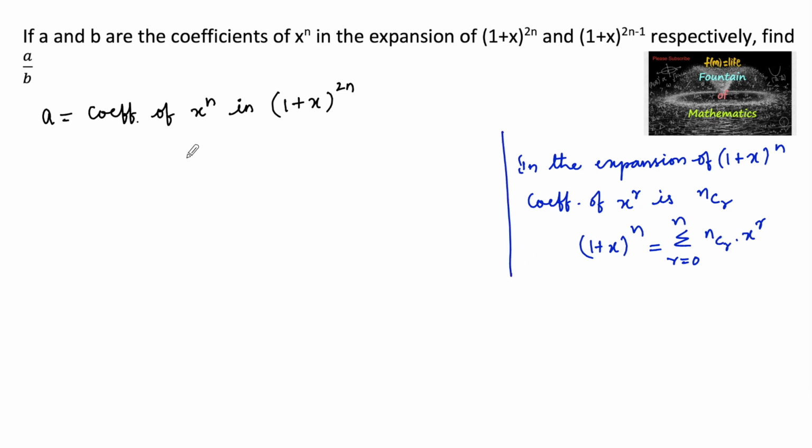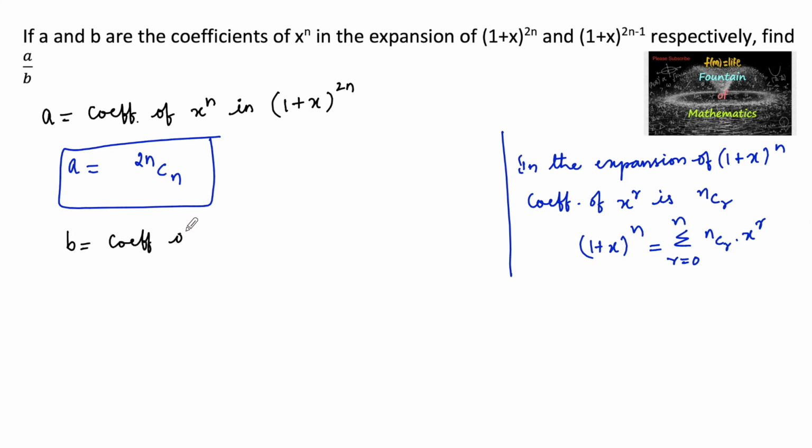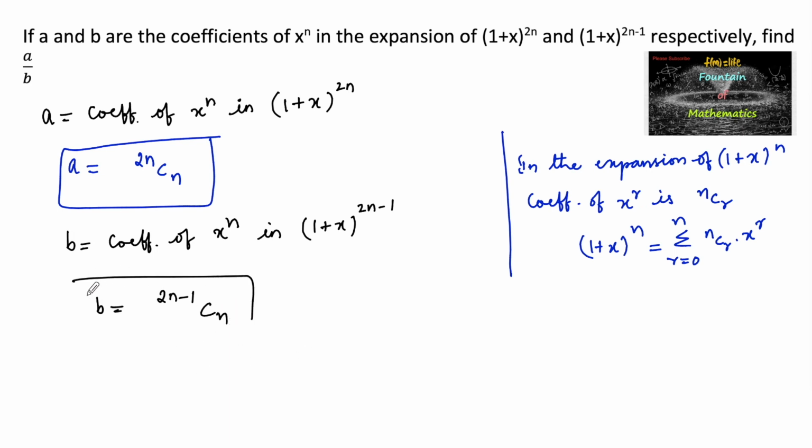So by using this concept, a is equal to 2nCn, the coefficient of x^n, and similarly b is equal to the coefficient of x^n in the expansion of (1 + x) to the power 2n - 1. So b is equal to (2n - 1)Cn. So this is a and b.